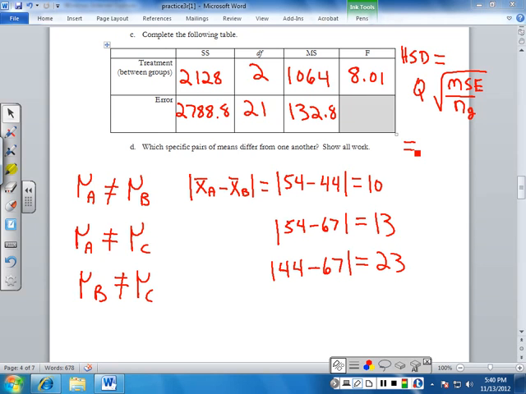The MSE, I want to skip Q for a second here, was 132.8. And NG is just the number in each group. I could have just as easily put NA or NB or NC, assuming that they're all the same, which for this test to be true they are. So that's 8.